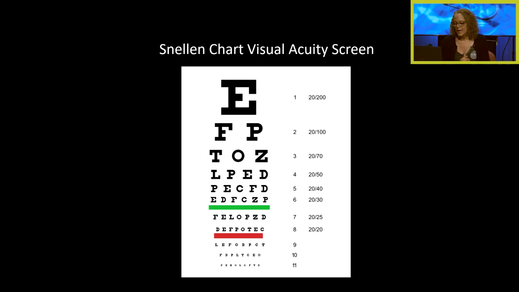Let's say that with their right eye, they can read line 6 perfectly, but with their left eye, they miss a couple of letters in line 6, okay? Then actually, they would be 20/40 in their left eye because they could not read the letters in line 6 with their left eye, okay?